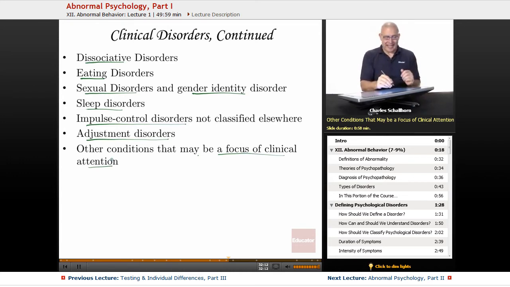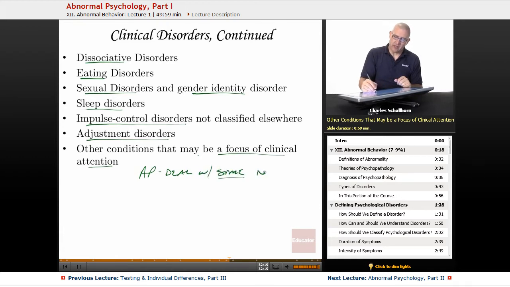So in AP, we deal with some, but not all, disorders. We look at it in some depth at, I think it's 7 categories, but we do not look at all mental disorders. And so what you'd want to do, once you get into university, is take a course in abnormal psych.